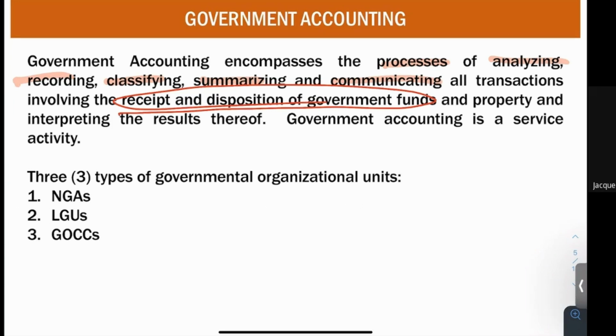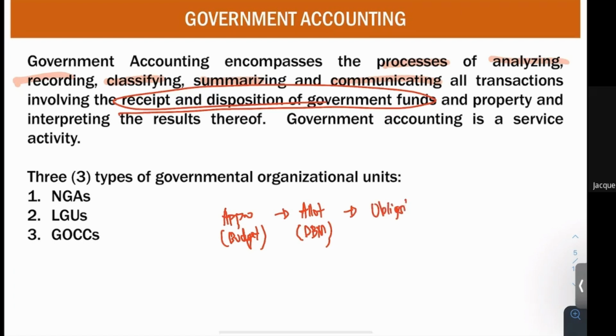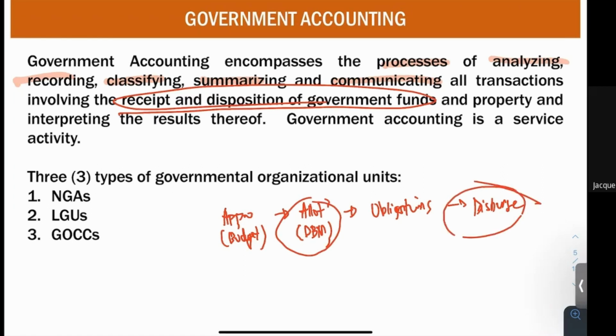The process starts with the appropriation or the budget. This appropriation will be allotted through the Department of Budget and Management, and you will incur obligations through this allotment, and finally, you will disburse. So, from the time you receive what is appropriated up to the time you dispose what is appropriated.